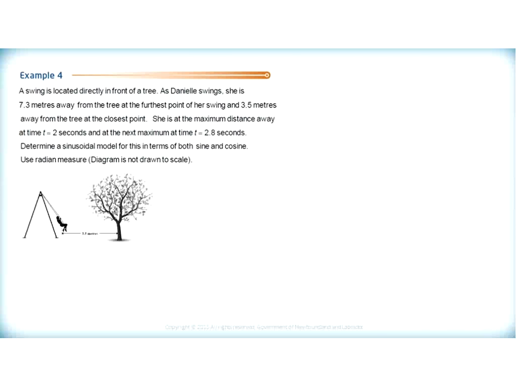Some key points on this function. We are told that as she swings, she is 7.3 meters away at the furthest point of her swing, and 3.5 meters away at the closest point. So that enables us to determine the maximum value of the function. The maximum value here is equal to 7.3 meters, and the minimum value of the function is 3.5 meters.